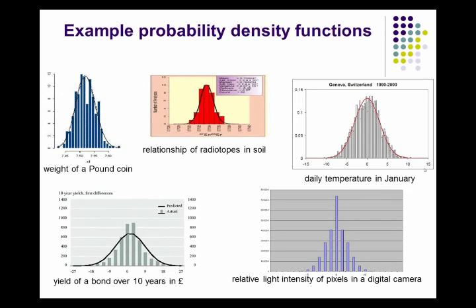Basically, if you put a histogram and you put a distribution over it, that is a probability density function. But this is to show you that most of these probability density functions in nature are in fact of a typical shape, namely a normal, or Gaussian shape. So this, for example, is the weight of a pound coin, which is randomly distributed. It's not always exactly the same. It's about 7.5 gram, but it can be a little bit less, a little bit more.